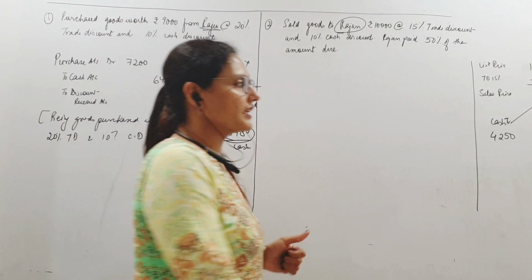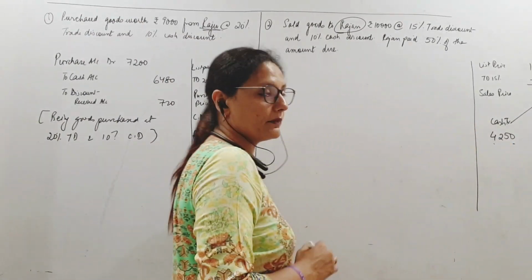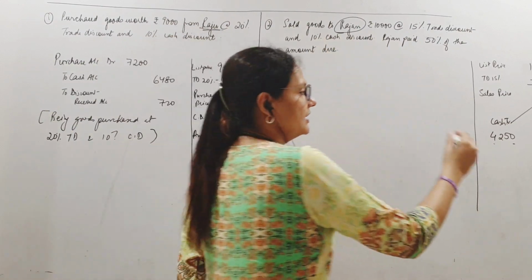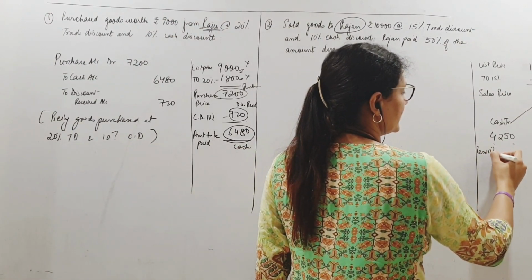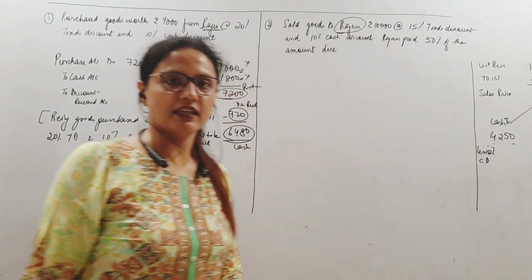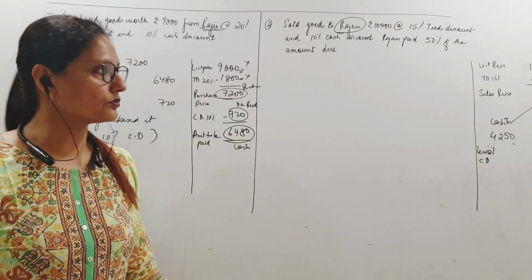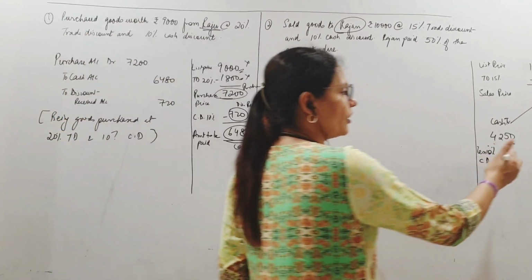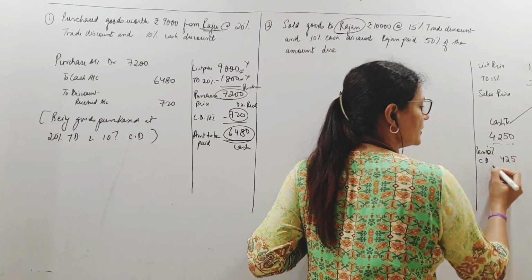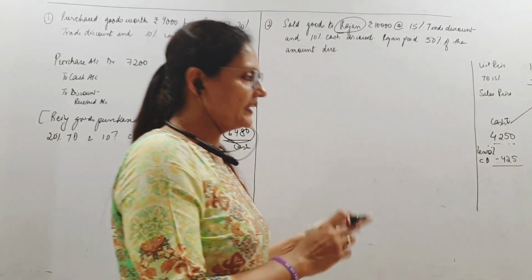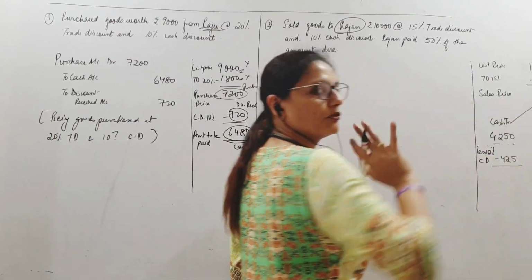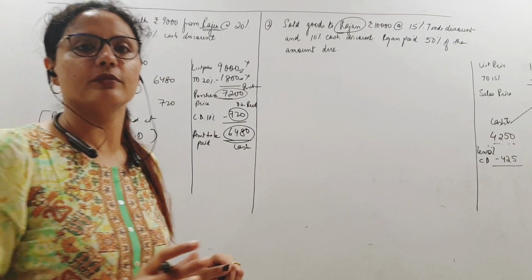Now the remaining 50%, he was supposed to pay this much, but that is the sales price. He will not pay me that. He will pay me less, 10% cash discount. Right? Why will he pay 4250? You will get 10% discount. 10% of only this amount because that is the amount he is supposed to clear off. So you will get 10% on that. This 10% is not on the credit amount, it is on the cash transaction amount.